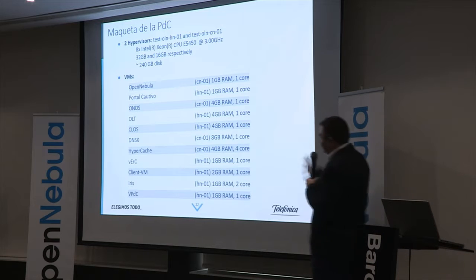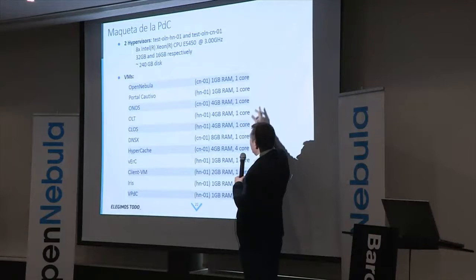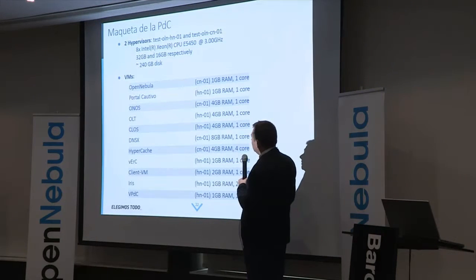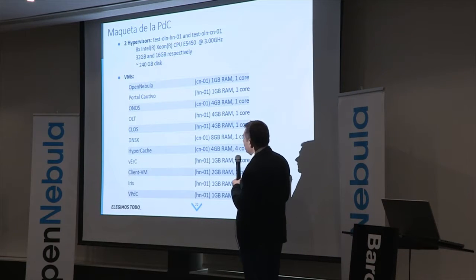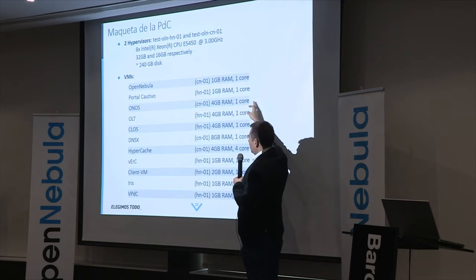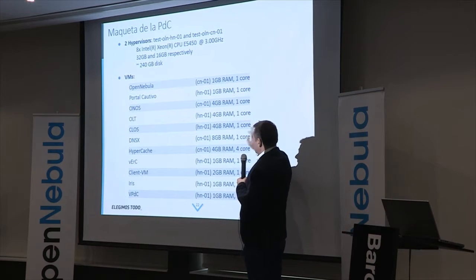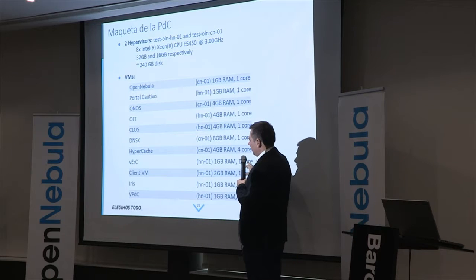This was the resources that we use. We use a couple of servers, just a couple of servers. We create a number of virtual machines with different settings. We had the OpenNebula software running in one virtual machine, the captive portal, the ONOS SDN controller, the mininet for emulating the OLT, mininet for emulating the switching clause, the DNS parental control service, the CDN, the router to get the traffic out of the central office.